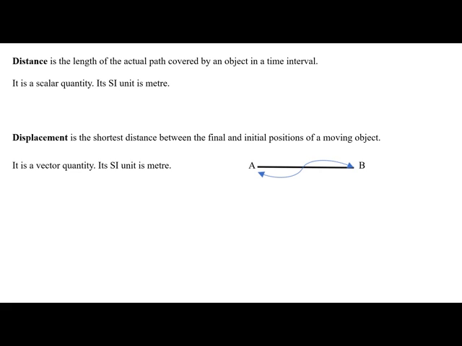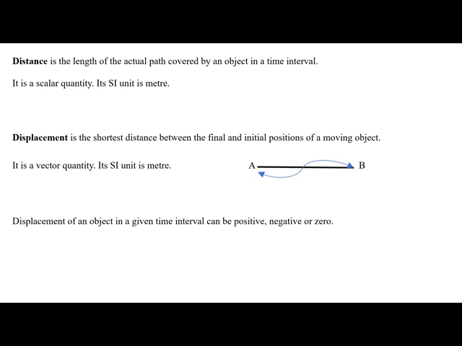It is the straight line, not the blue path. The S-shaped path takes more distance than the straight path. So the straight path is the displacement here, and it has got a direction also. Is that clear? I hope the displacement and distance are clear.